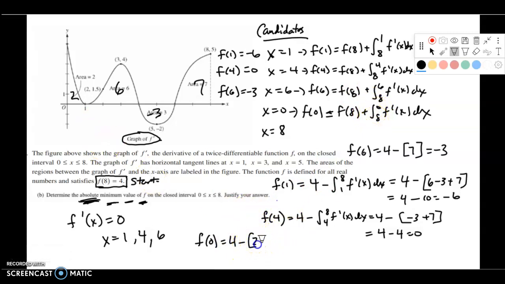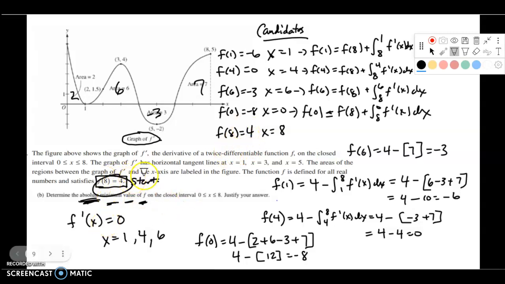So it would be 4 minus 2 plus 6 minus 3 plus 7. So that's 4 minus 8, and 7 is 15 minus 3 is 12. 4 minus 12, -8. So f of 0 is -8. And then finally, f of 8, that's easy. That's 4. There, literally, it tells us.